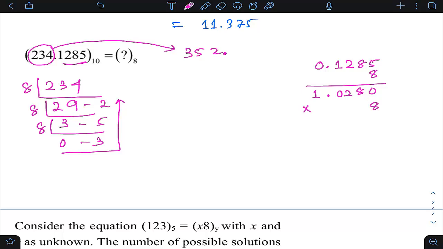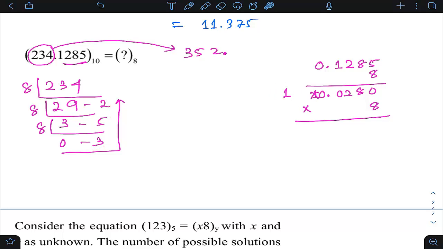But before you multiply again by 8, students, make sure that the integer part of this number is always 0. Here the integer part is 1. Even though it is 1, you simply discard it and take it as 0, and you bring this 1 here. While giving the answer, I'll be using these numbers. So although I got 1, I'll be taking it as 0. This one I have written here.